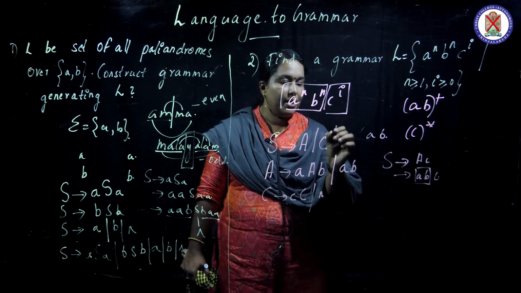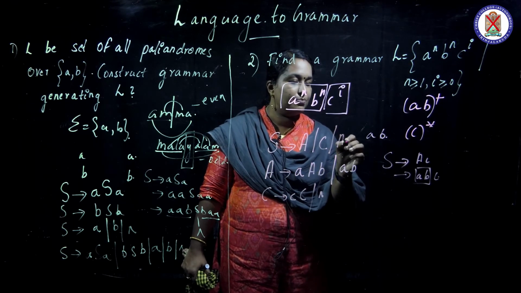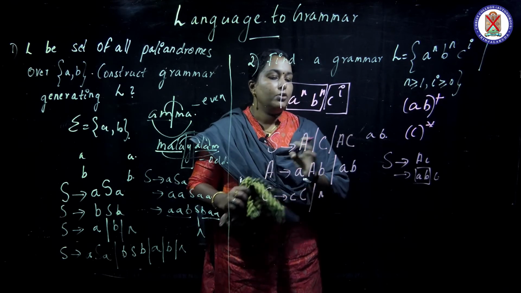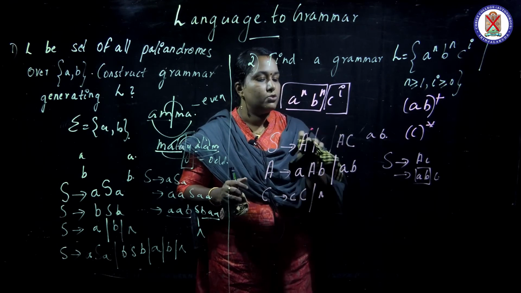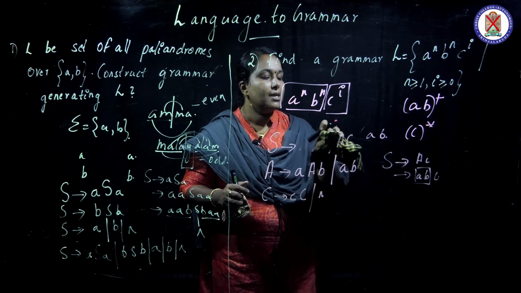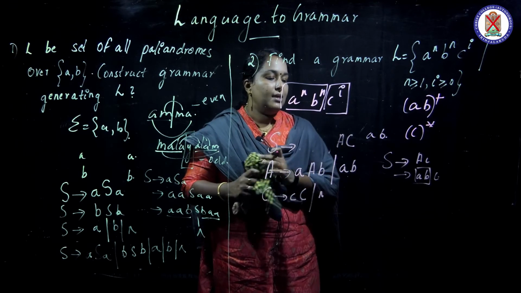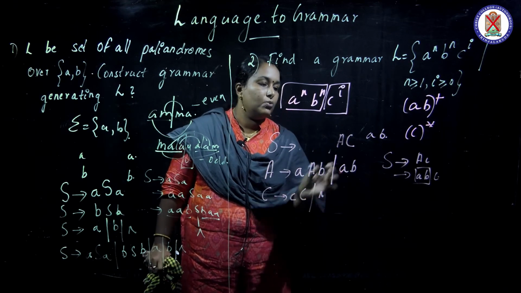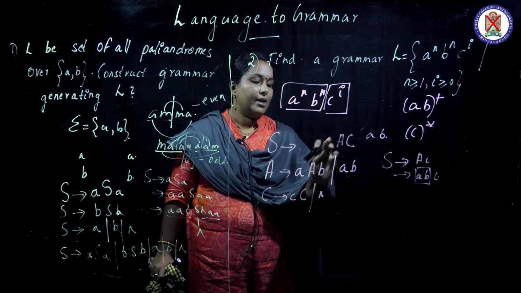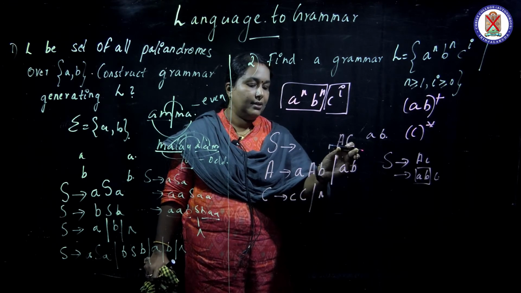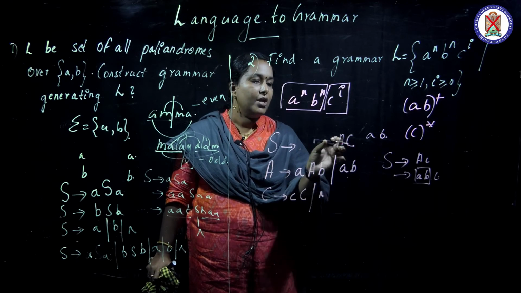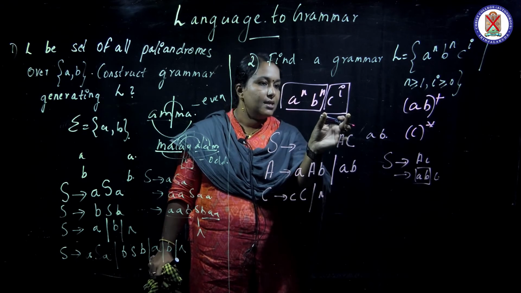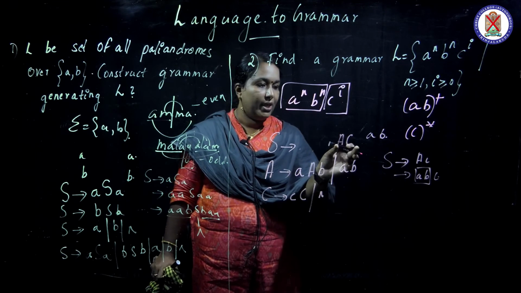Also you can specify A, C at a time. It is more correct not to partition it, because A occurring and C occurring at a time is more correct. So I am putting A, C here. For understanding only I put A different, C different, but A and C occur at a time, so A, C here.